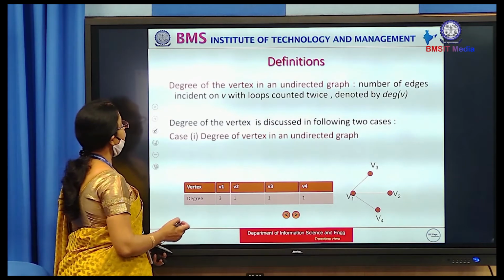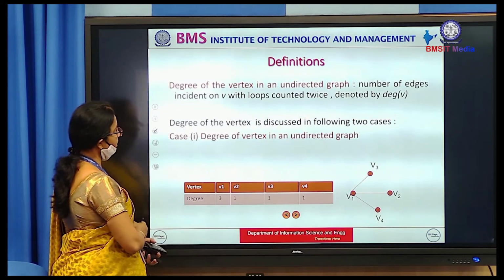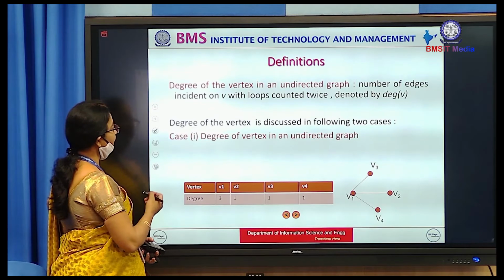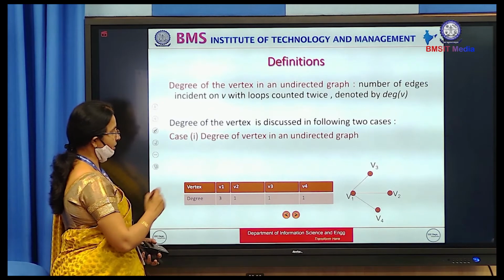Next we will see some more definitions with respect to the degree of a given vertex.